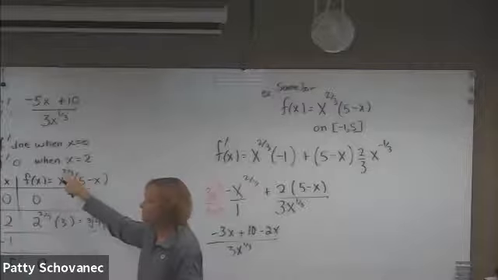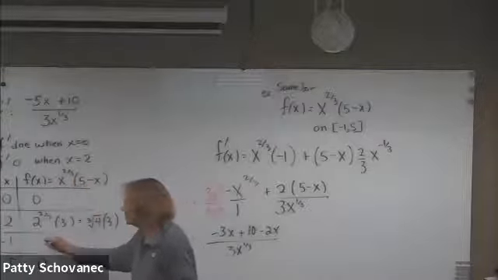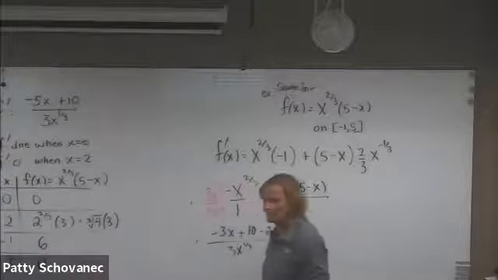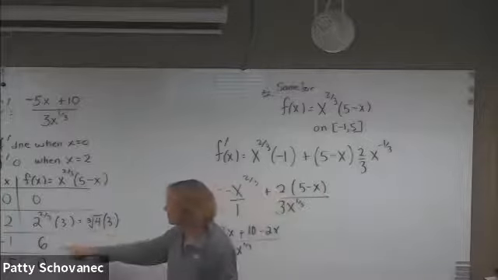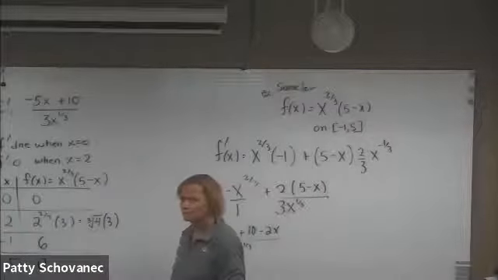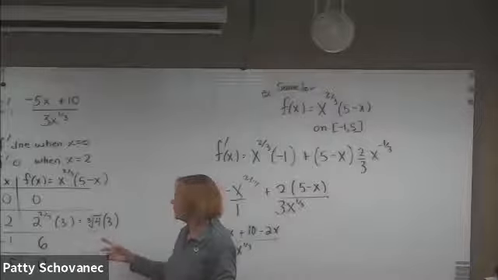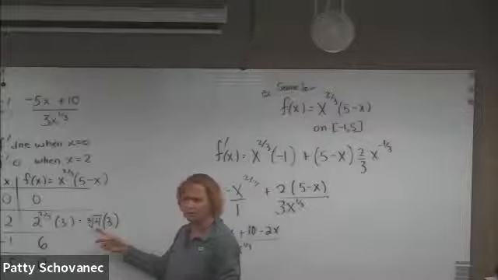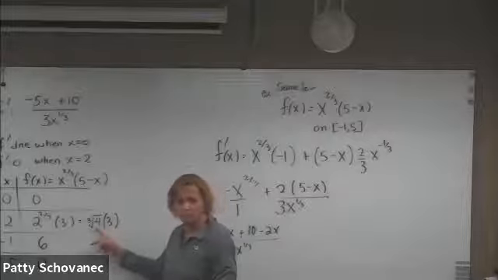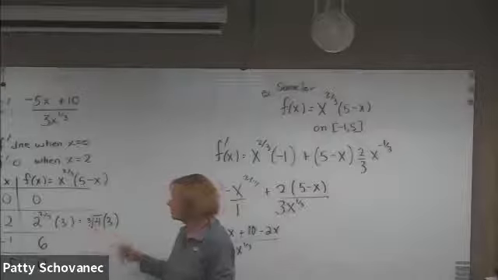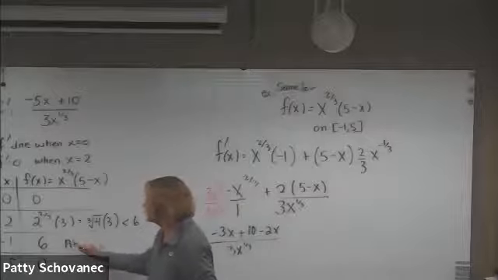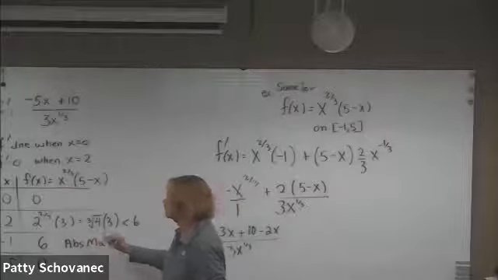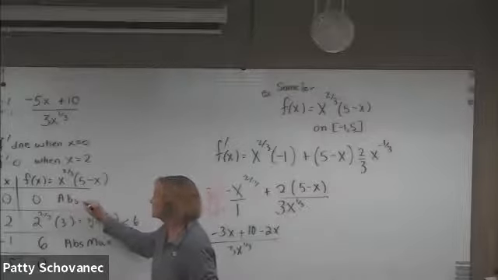So -1 to the 2/3 is 1. 5 minus a -1 is 6. So my only question is, do I think this number is bigger than that number? You think it is? I would think that the cube root of 4 is smaller than the square root of 4, right? Square root of 4 is 2, 2 times 3 is 6, cube root of 4 is going to be smaller. So this is smaller than 6, which makes this the absolute max. And the 0 is the absolute min, and it occurs twice.